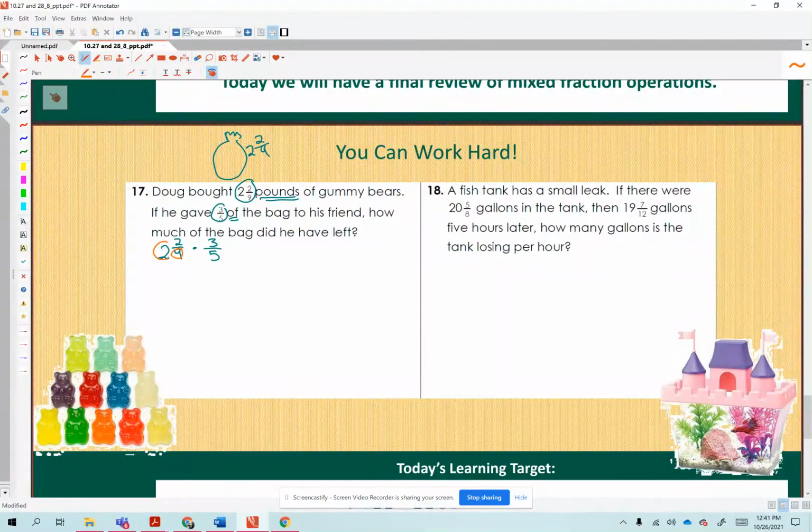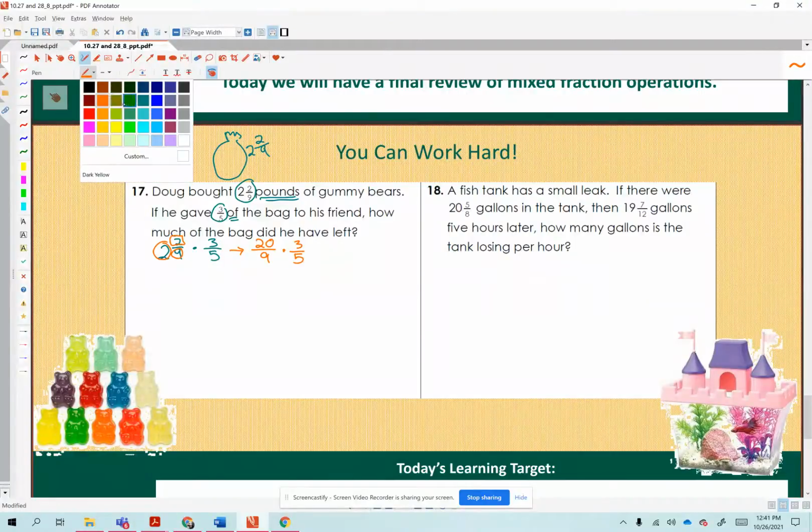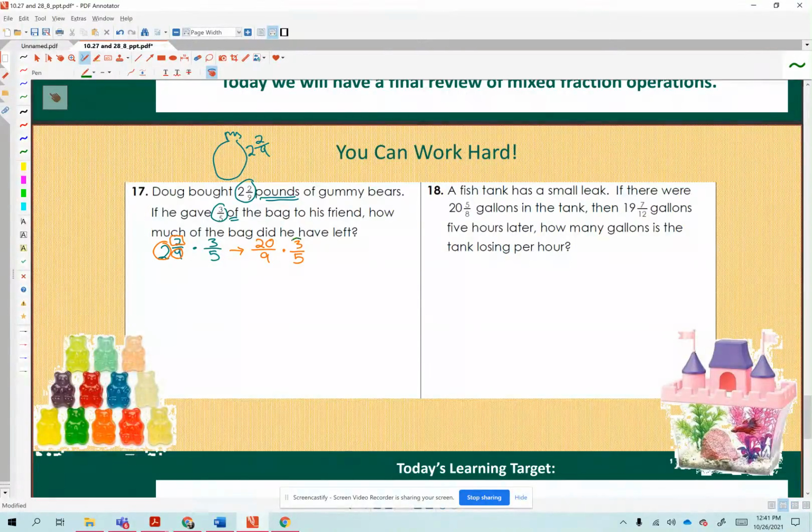So first we need to convert the 2 and 2/9 to an improper fraction. So 9 times 2 is 18, plus 2 more. That would be 20/9 times 3/5. And look at all the opportunities for simplifying. We have that 3 and the 9. 3 is a factor of 9, so I will divide both the 3 and the 9 by 3. 3 divided by 3 is 1. 9 divided by 3 is 3.